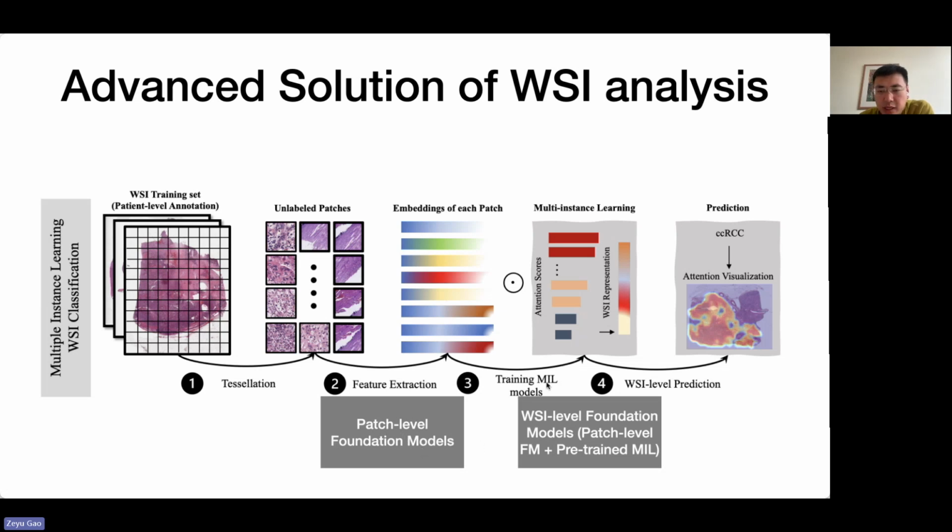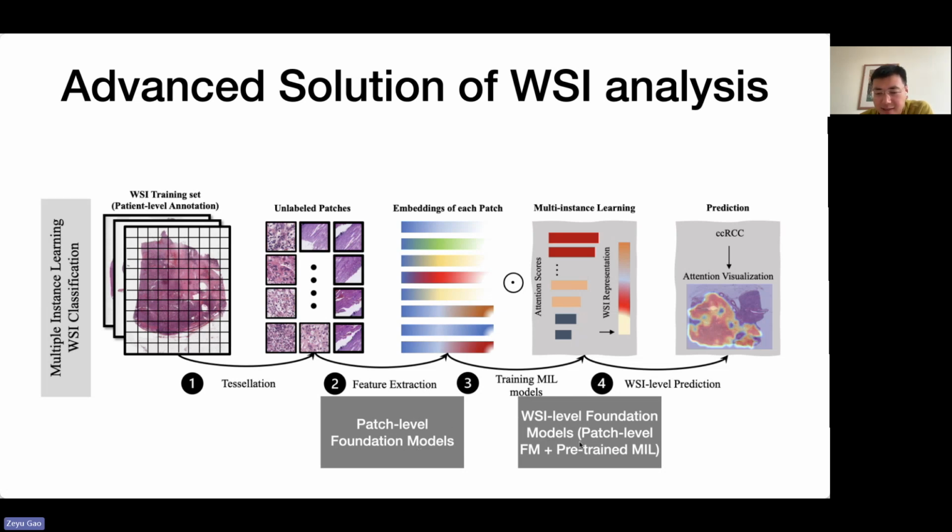And then in the next stage, we normally train a specific multi-instance learning aggregator for different kinds of downstream tasks. Now we all know Titan or THREADS, or different GigaPath models, they train their own slide level aggregator based on the patch level embedding model.